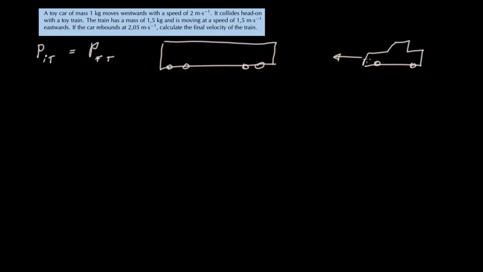The toy car is moving westwards and the toy train is moving eastwards. The toy car has the mass of 1 kilograms. It has the initial velocity. Let's call this object A. This is object B.